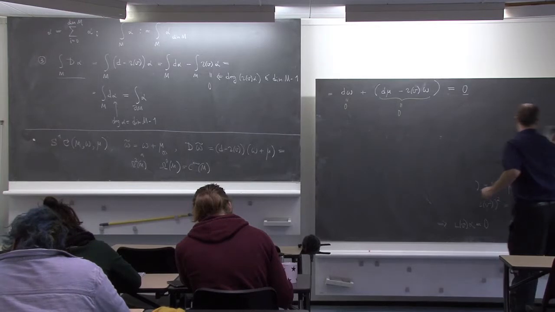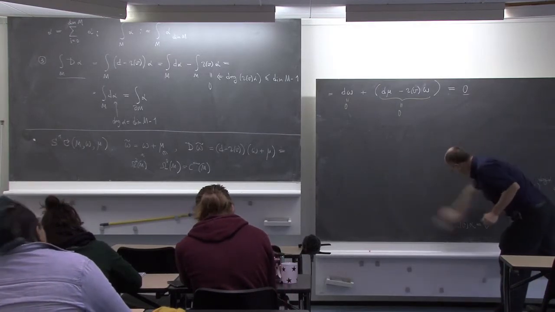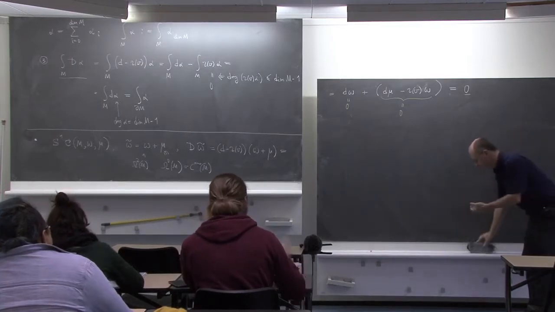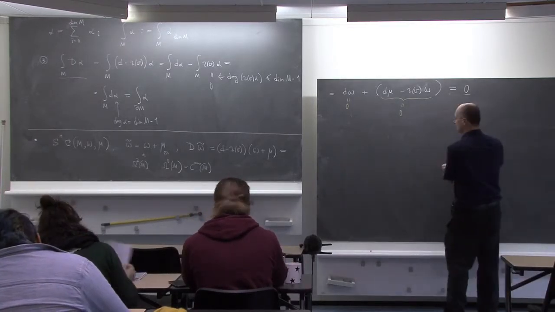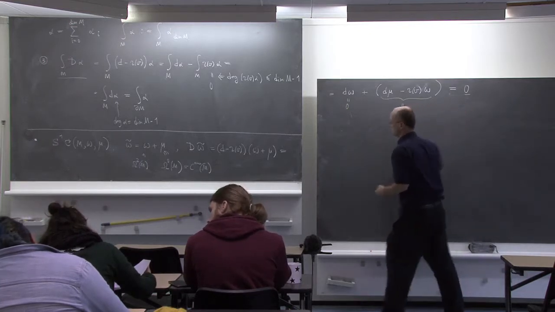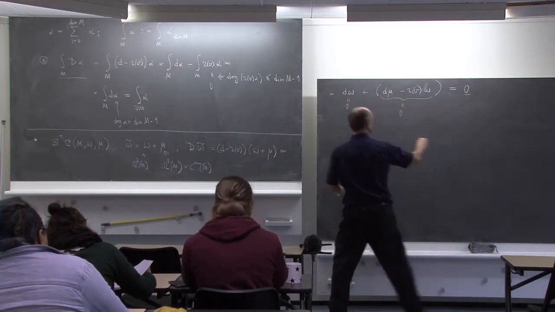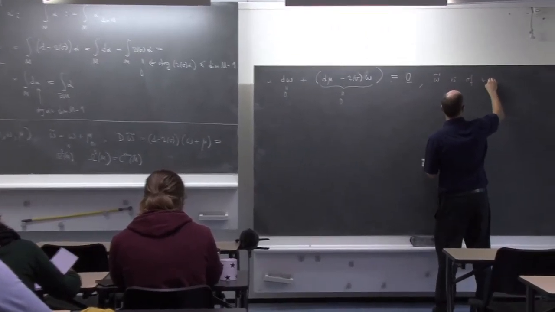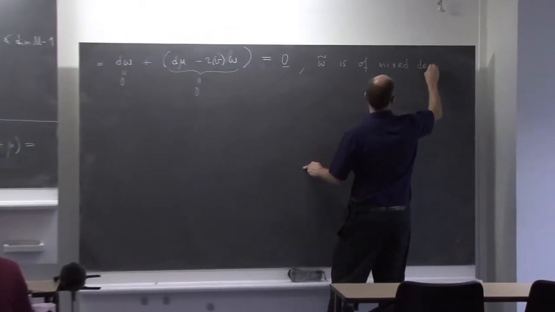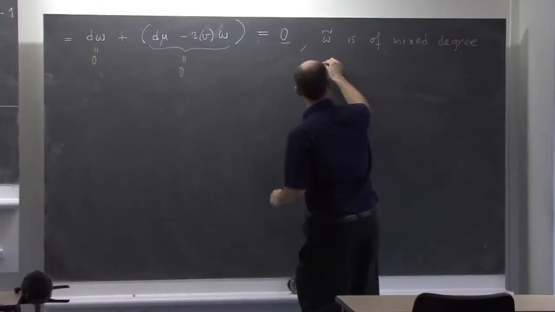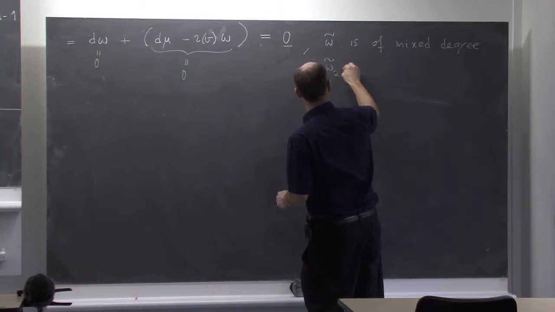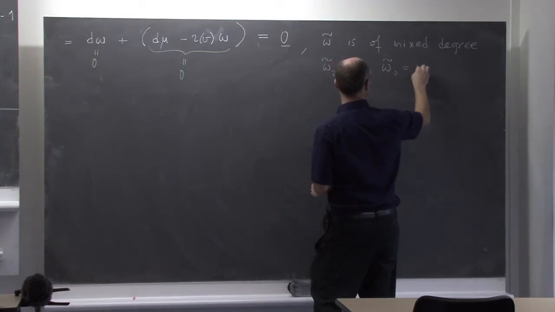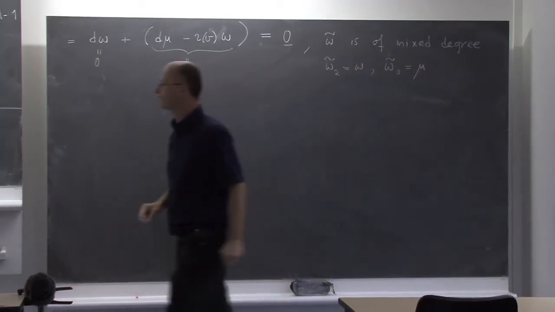One more remark. Since we started working with the forms of mixed degree, maybe here I should say, right? So omega tilde is a form of a mixed degree, and it has components omega tilde 2 is equal to omega, and omega tilde 0 equal to mu, right?